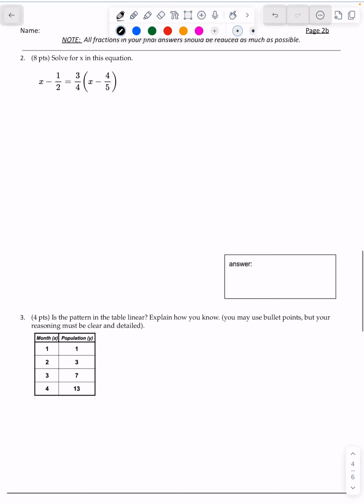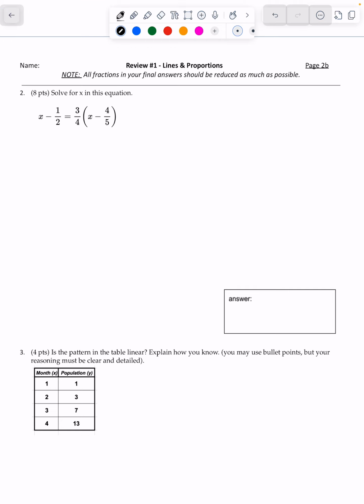On we go. Okay, if you got this page, it says solve for x in this equation. We got a bunch of x's. Well, I have a lot of choices about what I can do, but I think what I'm going to need to do is distribute first. So that's going to be my first choice. Distribute. There we go. So I'll have x minus 1/2 equals 3/4 x minus 3/4 times 4/5.